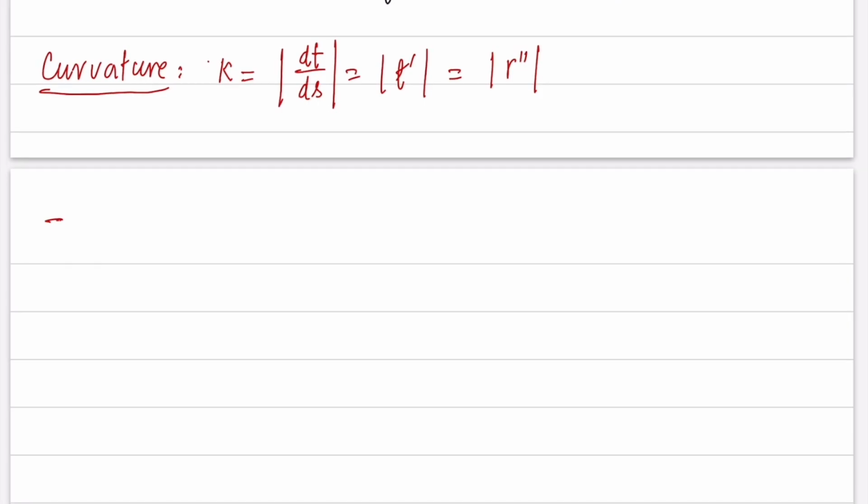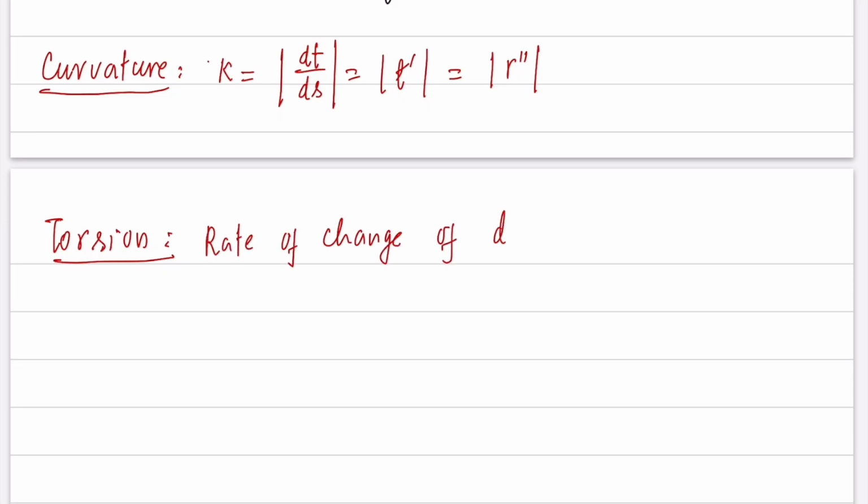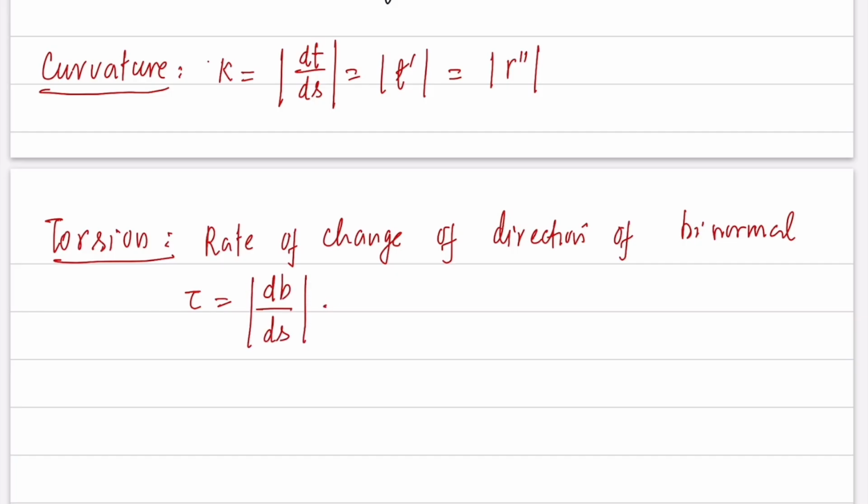Similarly, we have another term associated with the curve, that is torsion. Curvature and torsion are very important terms. Torsion is the rate of change of direction of the binormal of a curve. It is denoted by tau, and defined as dB by ds, where s is the arc length, and this can also be written as b dash.